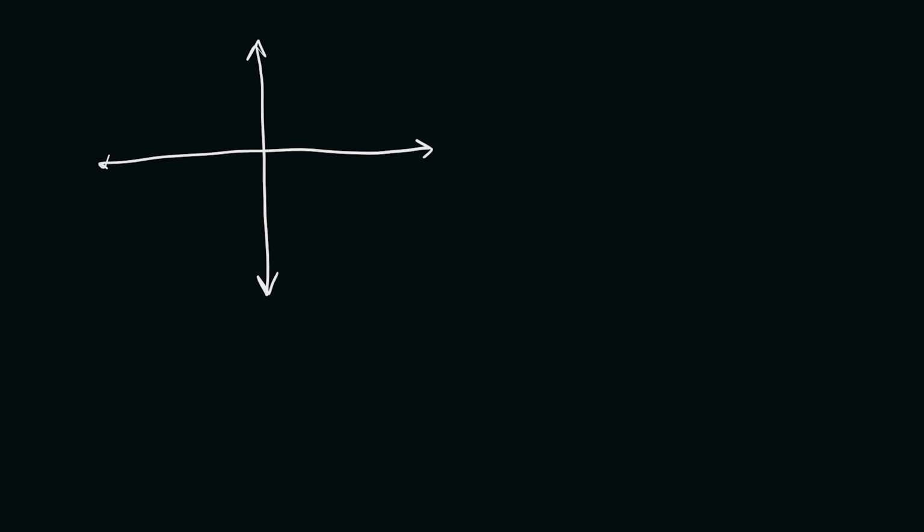And we're going to be relating this to geometry a little bit. Let's say you have a box here, and you're trying to reflect it over the x-axis. Just because we're reflecting it over the x-axis, the new box would look something like this.